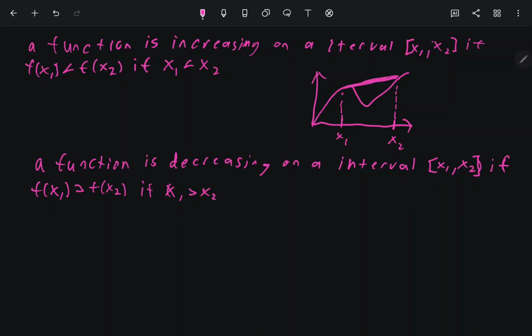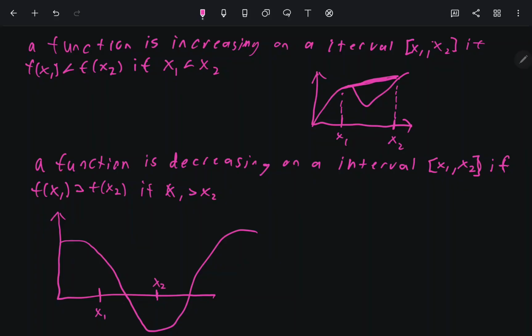Let's draw another graph here. And you know what? I want to do something special, something recognizable, so I'm going to do a sine. We're not going to worry about that very wonky amplitude, but let's call this value here x1 and this value here x2. So we can tell that this is very clearly decreasing.